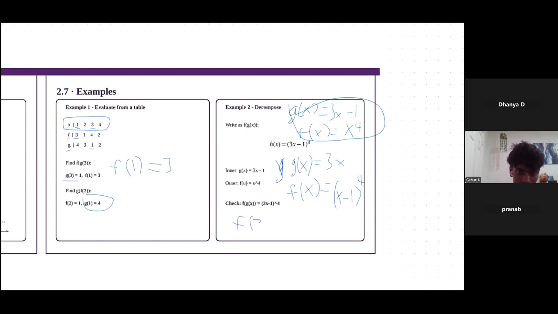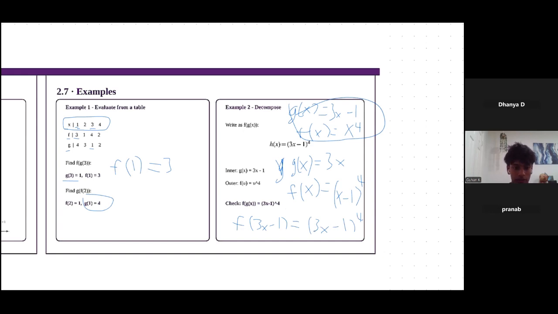And f of u, or it's x, but they're showing u to represent g of x. F of u equals u to the fourth. So it's 3x minus 1, which is the u value, to the power of 4. And that's going to be our check that we decomposed correctly.